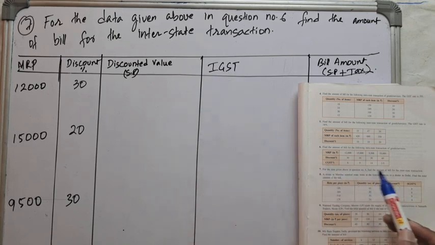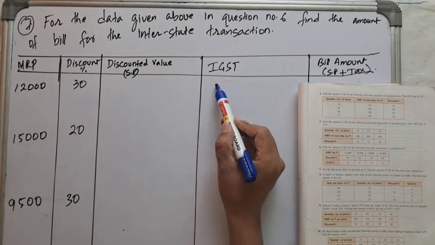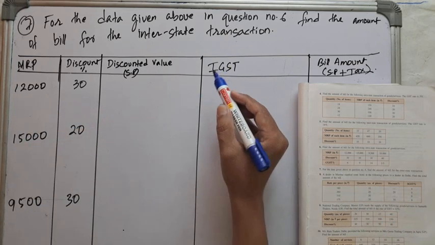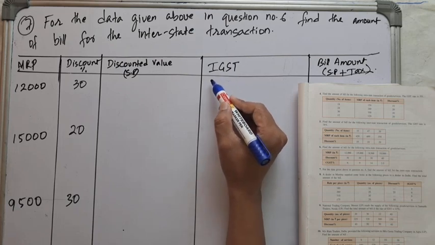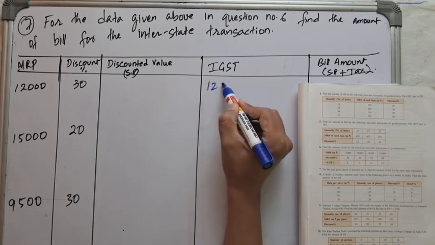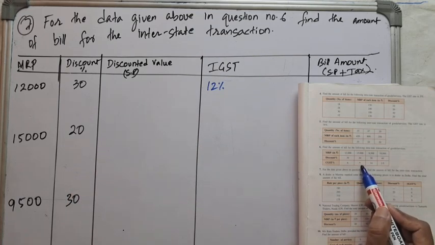So in question number 6, CGST is 6%. Given CGST is 6%. In the first case CGST is 6%, which means we don't have to calculate SGST, which means IGST will be double of 6, that is 12%. In the second case, CGST given is 9%.